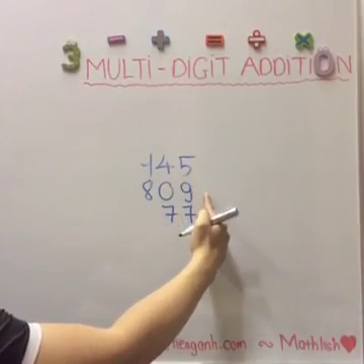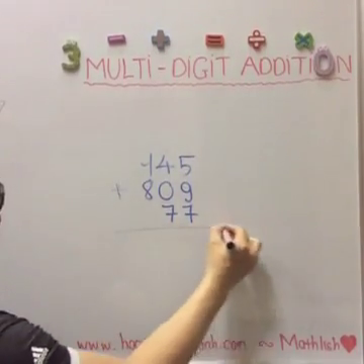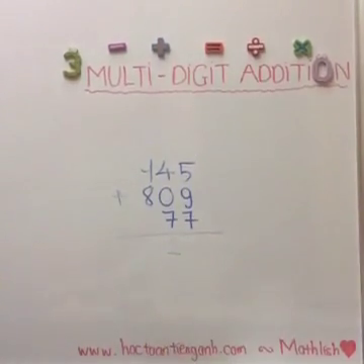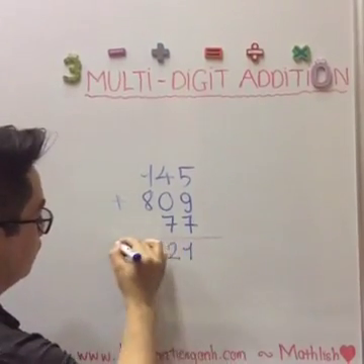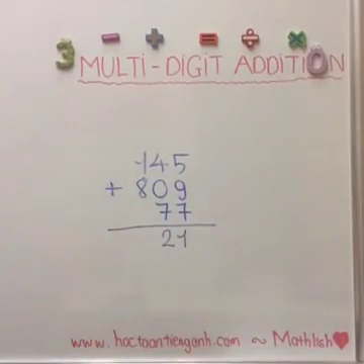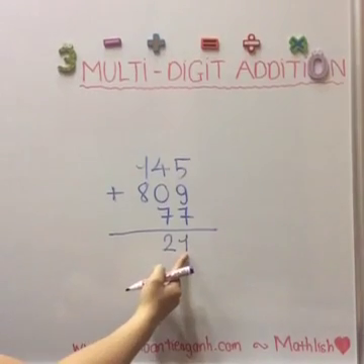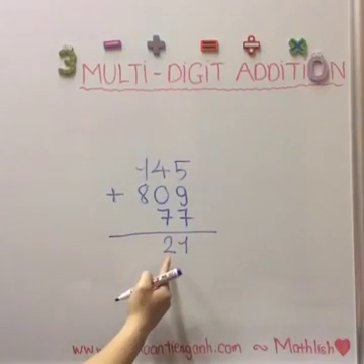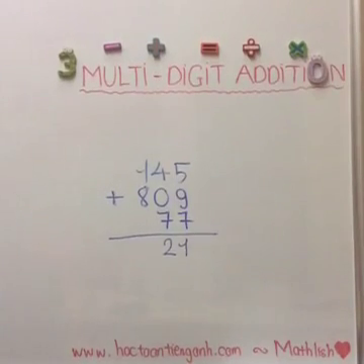5 plus 9 plus 7 is 21. Because that answer is a 2-digit number, we need to carry the first digit to the next column, which is like moving a group of 20 over and leaving the 1 behind.